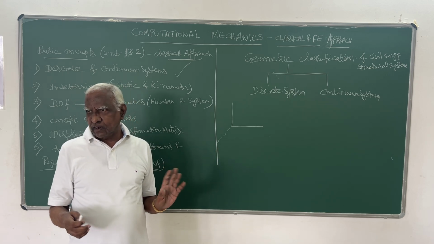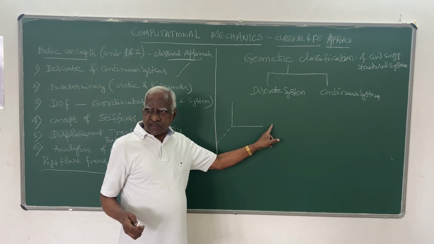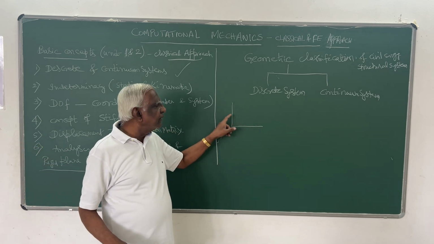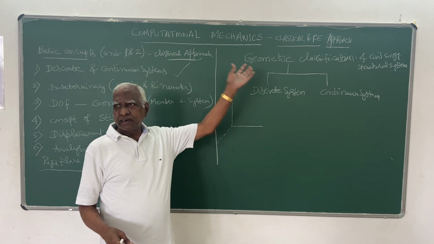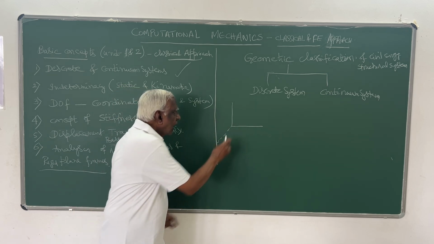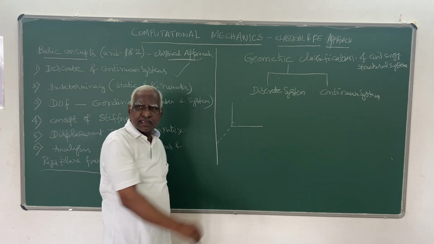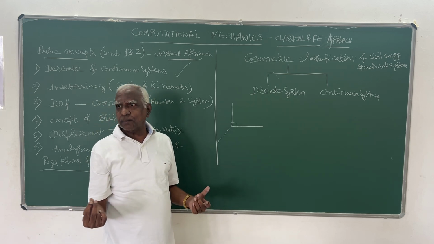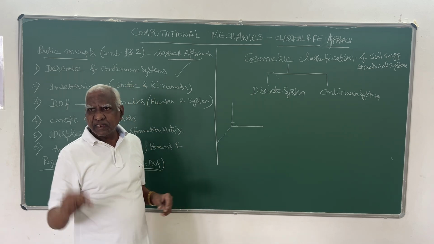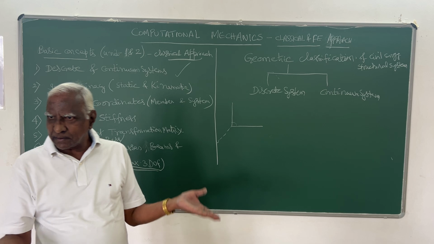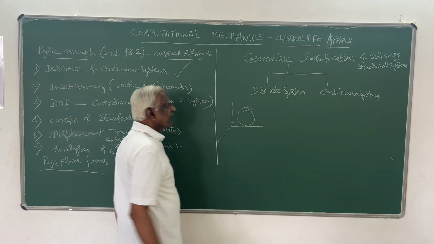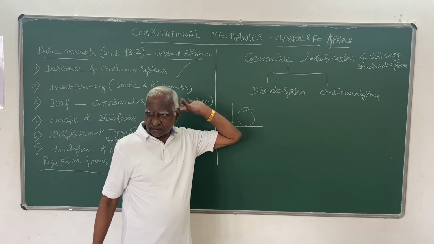The dimension parallel to one horizontal axis, we take as length. The dimension parallel to another orthogonal axis, we call the width. Then the dimension parallel to the third axis, we call the third dimension. The product of these three dimensions we take as the volume of the structure.